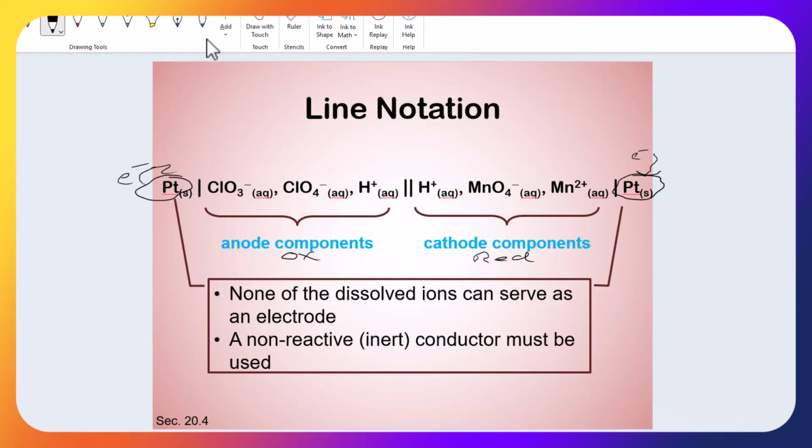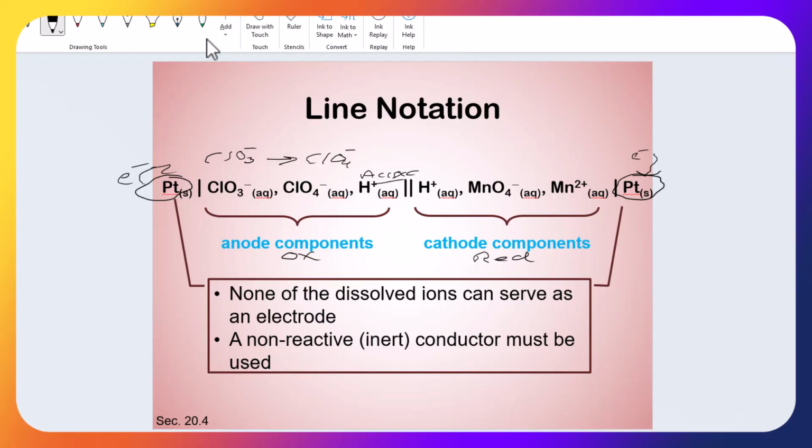And the way this is written, we can see this as ClO3 minus aqueous giving up 2 electrons. And so we have ClO4 minus. There's hydrogen ion in here. This is under acidic conditions.